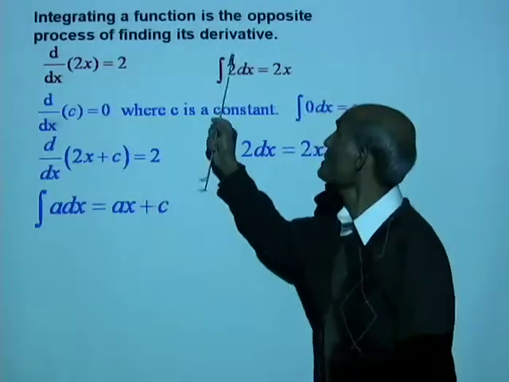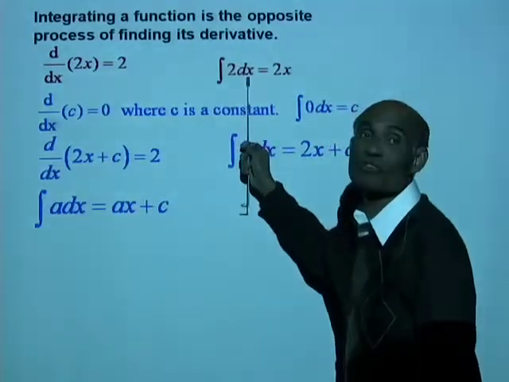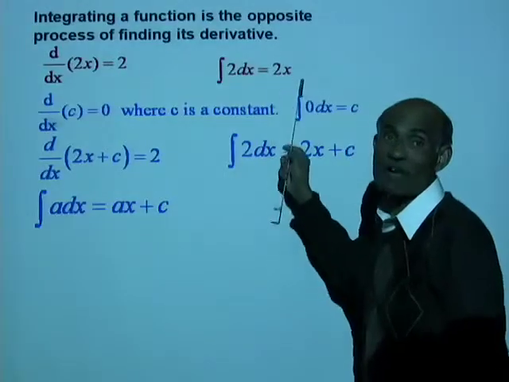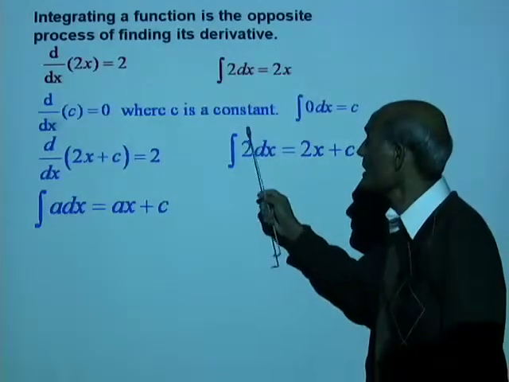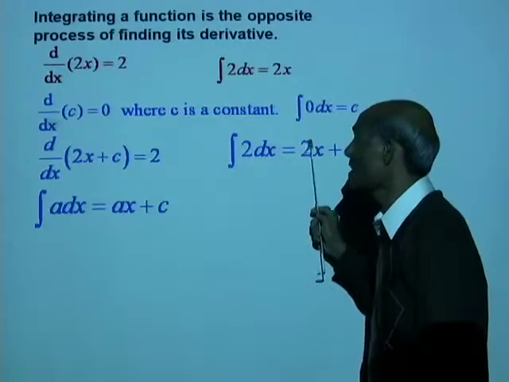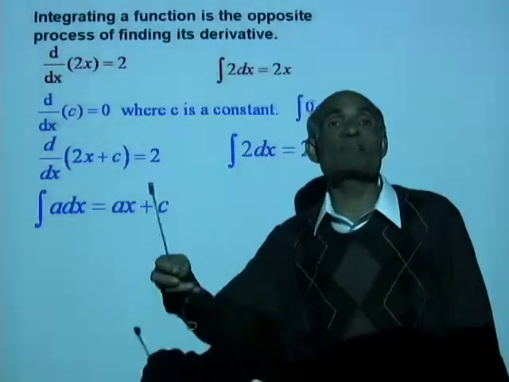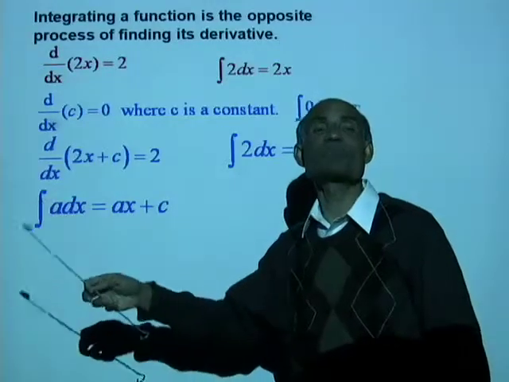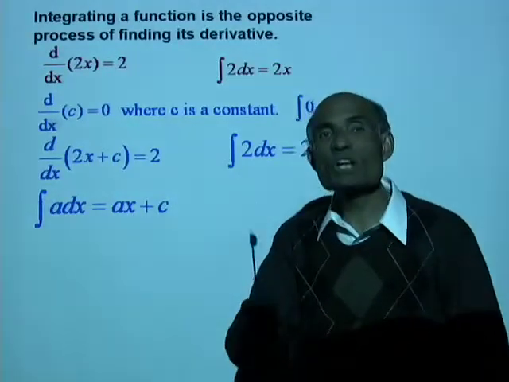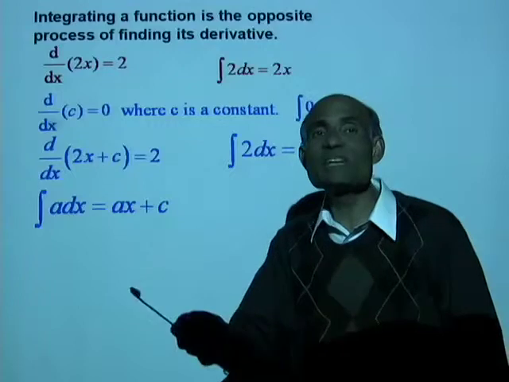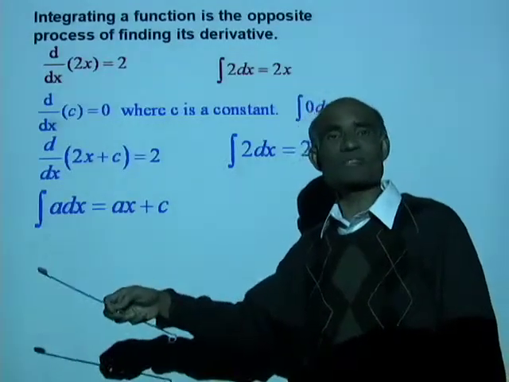Look at that. Integral 2 dx is 2x. And of course you've got to add a c. Integral 2 dx is 2x plus c. Similarly, integral 5 dx is 5x plus c. Integral 3 dt is 3t plus c.